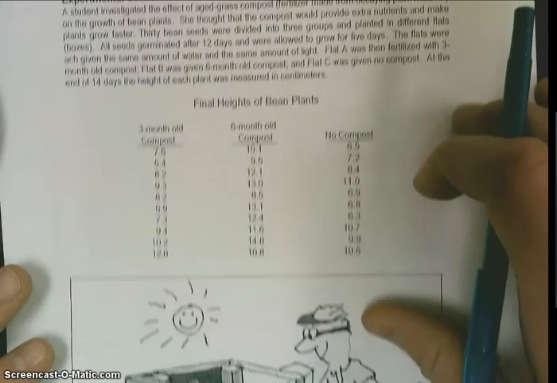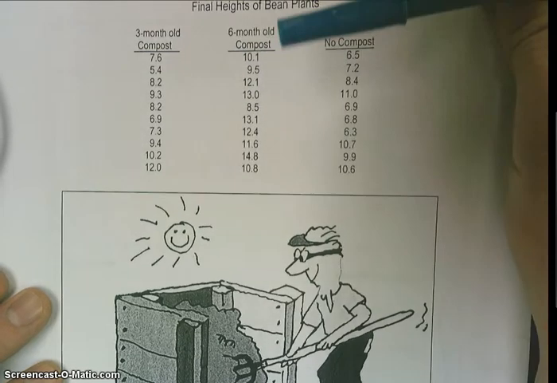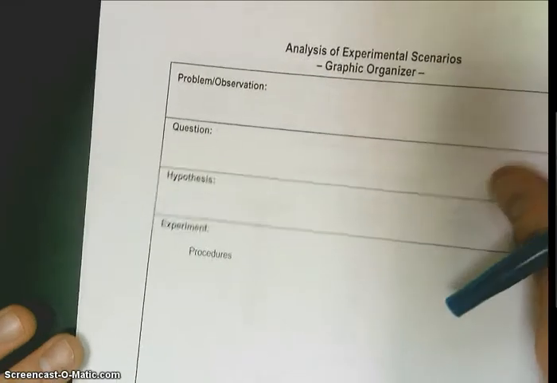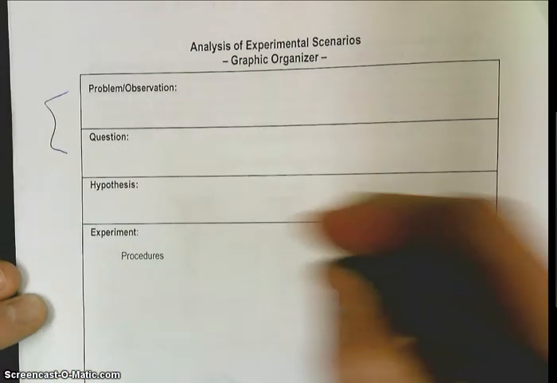Here's the data table and the data that he collected. I want you to take a look at a couple of things here. First, the problem. Problem, observation and question are essentially the same thing.